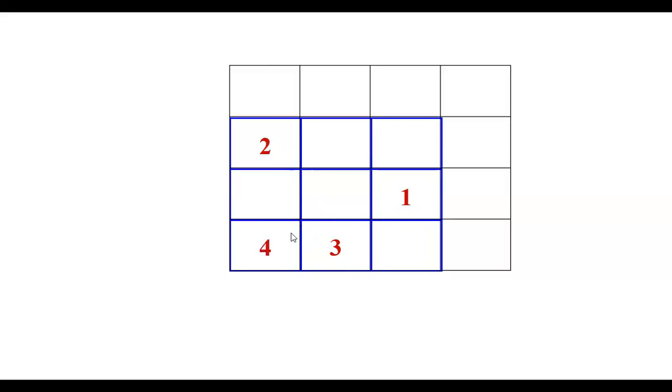4. Next, after this 4, the right top corner will be this. So 5 comes here. Next, for this, the next top corner is this one. So 6. For this, again, 7 will be the right top corner. But here, we don't have the cell.